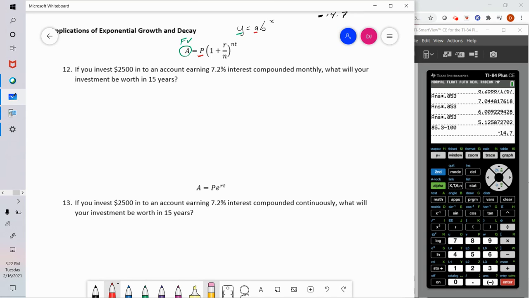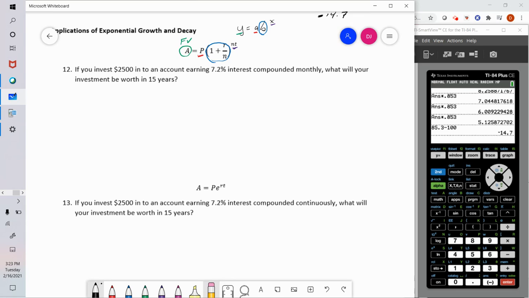That corresponds to the initial value A. 1 plus R over N corresponds to my B value. And then the exponent NT corresponds to the X. So really, this is just an applied use of y equals a times b to the x.